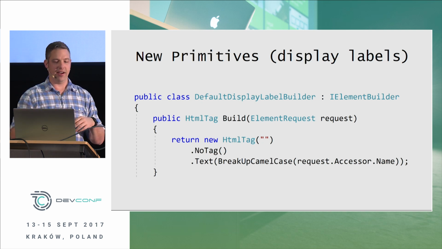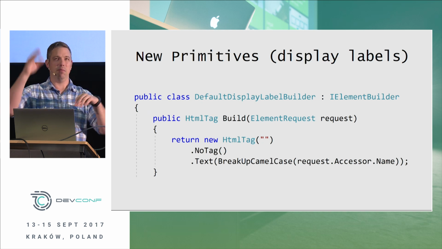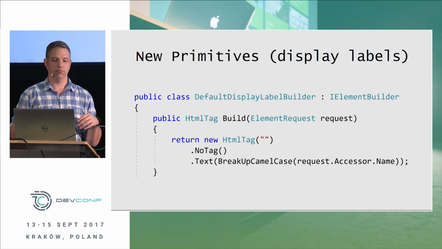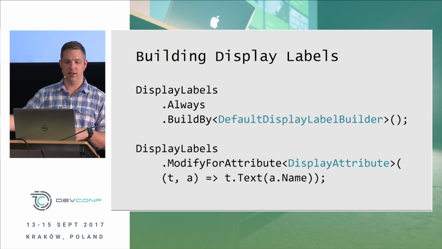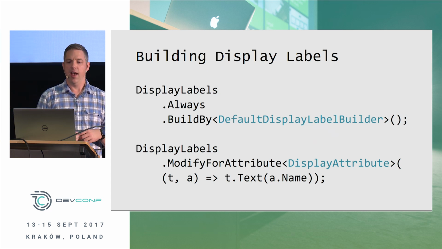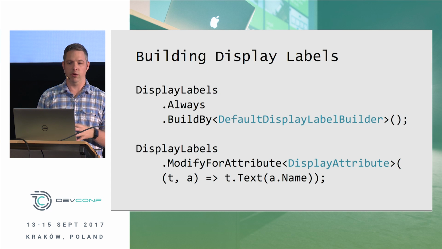And when you spit out the text, use the property name and break that property name up based on the camel case. So when I build display labels, I can say always build them by this default display label builder. And if you have that same display attribute we had for the other labels, also modify that as well.